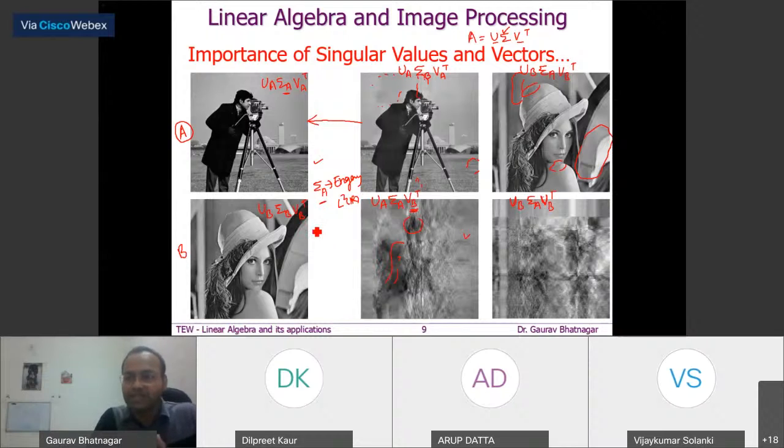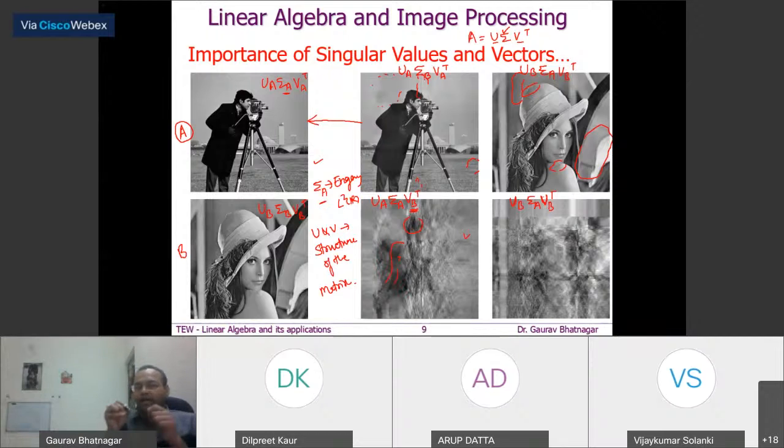And whenever you talk about the structure of the matrix, that is going to be stored in U and V. They essentially store the structure of the matrix. And hence, in general, we should not touch the singular vectors of a matrix, otherwise it will lead to a drastic change in the matrix.